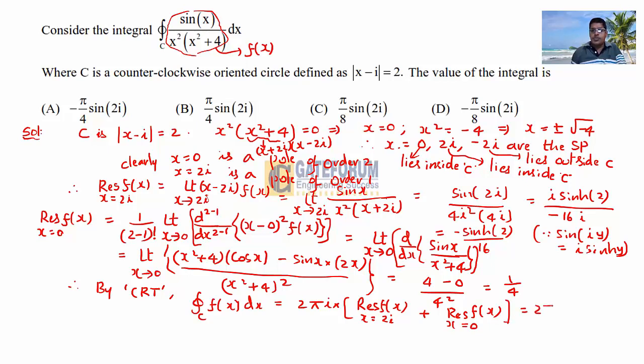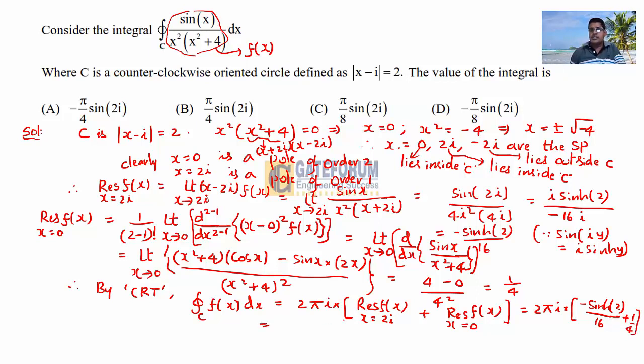So this is 2 pi i into the first residue value, minus sinh 2 divided by 16, plus the second value 1 by 4.